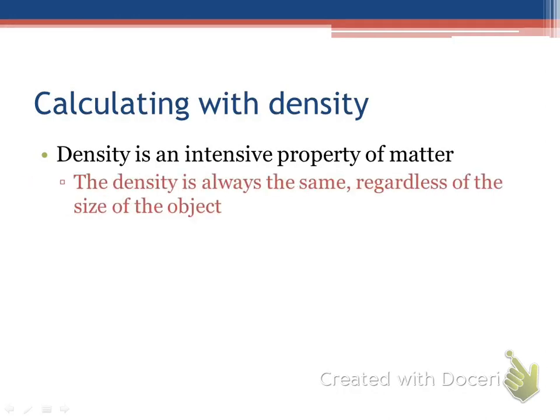So the density of an object or of a substance is the same regardless of the size of the object. If I have one molecule of it or a million molecules of it, it has the same density. Density is a little bit hard to describe in terms of what it is, but it has an equation that we use very often that helps us determine what density is.